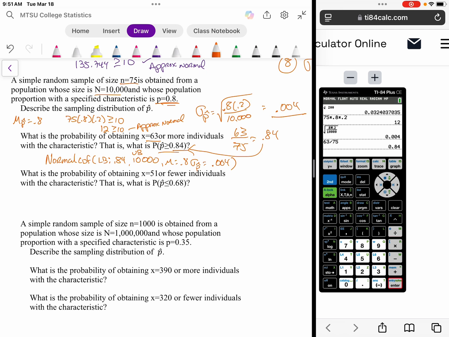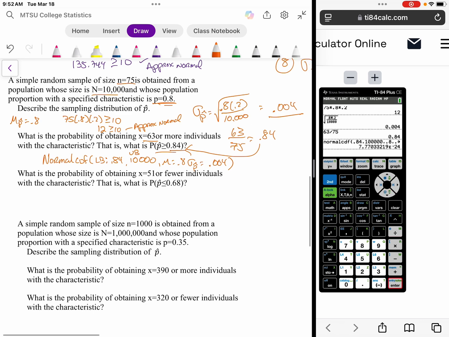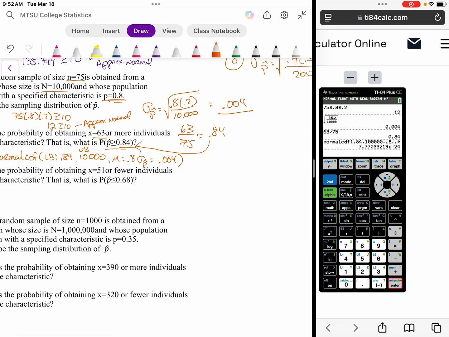And so now we go second vars, normal CDF. 0.84 is my lower bound. Upper bound is something really big. 0.8 is my mean, and my sigma p hat is 0.004. And all right, so that one, let's see. 7.7703 e to the negative 24.